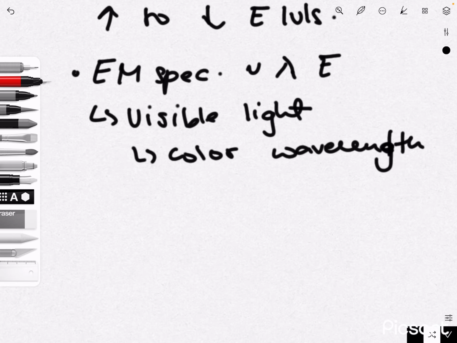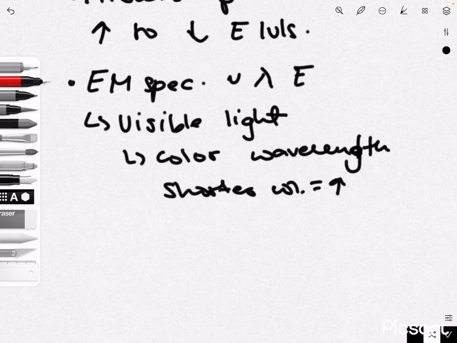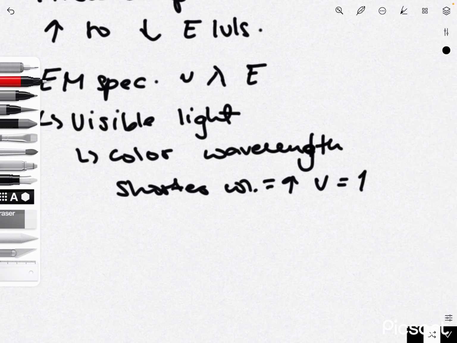A shorter wavelength gives a higher frequency, which gives us, in turn, more energy.